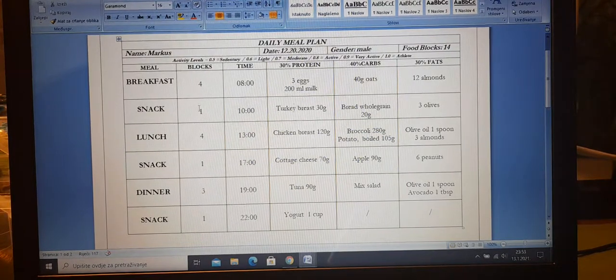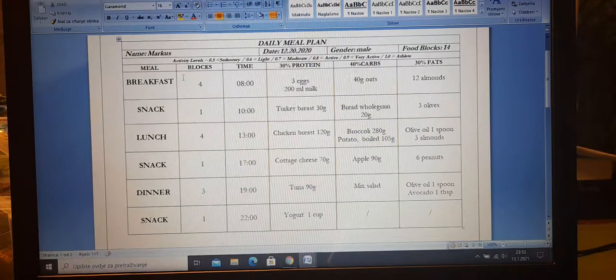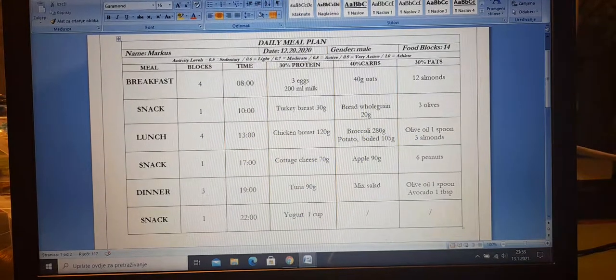The other blocks for breakfast, lunch, and dinner are more or less very flexible. My recommendation is that breakfast should have the most blocks, because breakfast needs to be a very strong meal, and as we go toward dinner it should be a little bit less. So this is actually the perfect way to divide these 14 blocks.